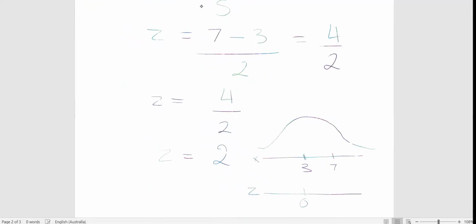Above we said that z is also normally distributed about the mean, where the mean is 0 for z. Here we found out that our score of 7 is equal to a z-score of 2, meaning that an x-score of 7 is 2 standard deviations above the mean. Pretty simple there, guys, all right?